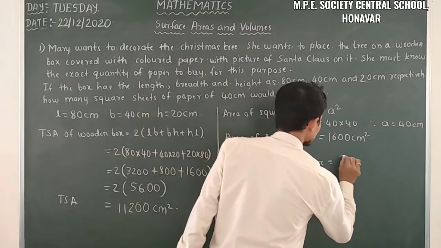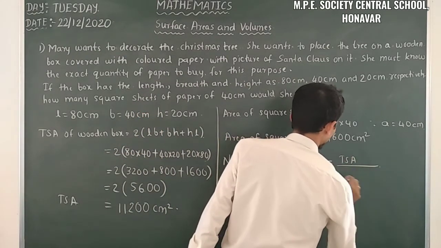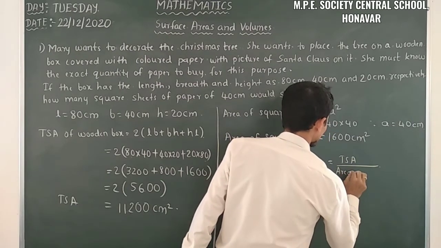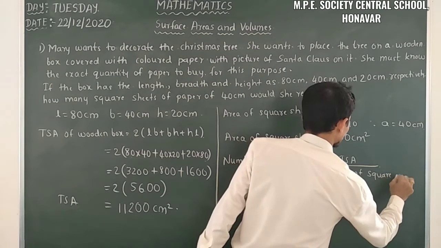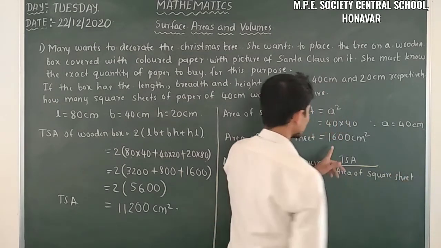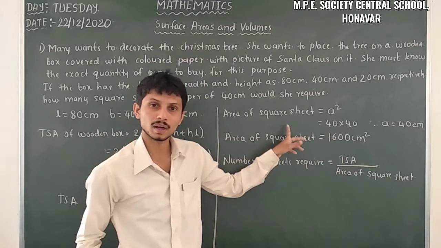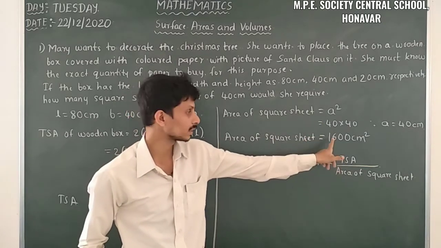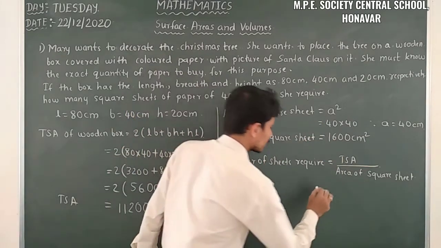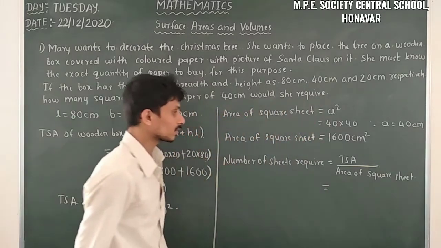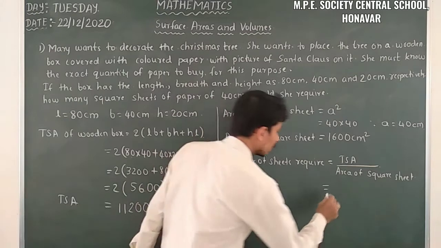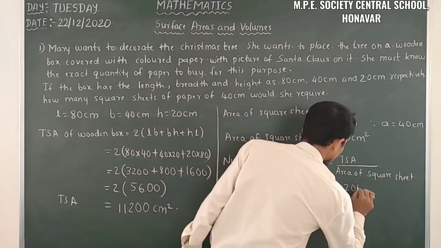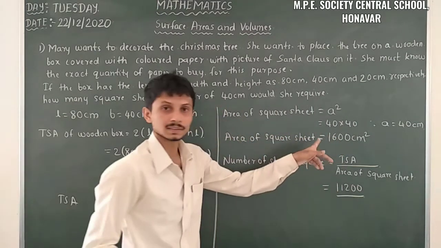That is total surface area divided by area of square sheet. The area of an individual square sheet is 1600 centimeter square. So let us take the total surface area, it is 11,200, divided by 1600.